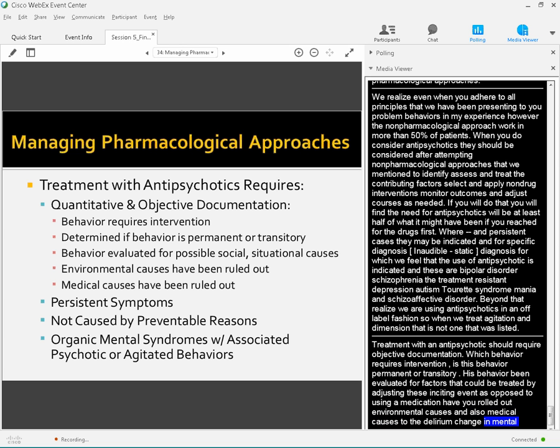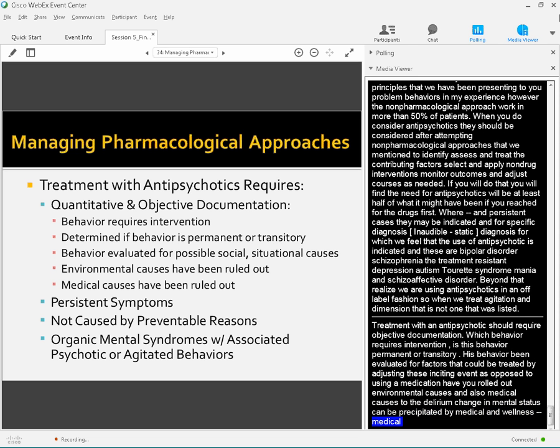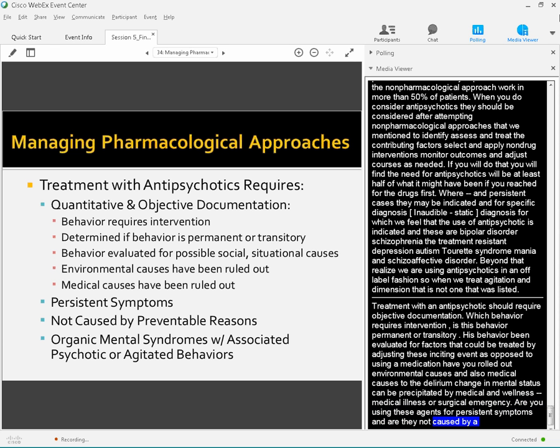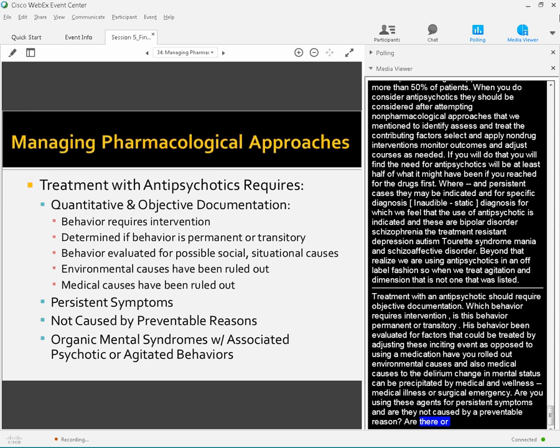Are you using these agents for persistent symptoms? And are they not caused by preventable reasons? And are there organic mental symptoms with associated psychotic or agitated behaviors? In other words, psychiatric diagnoses.